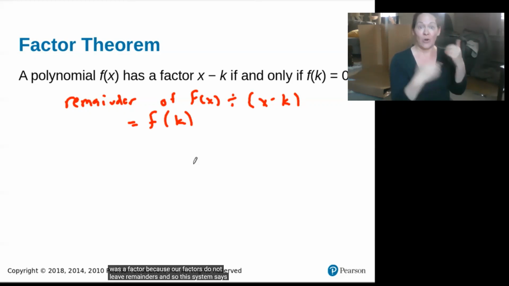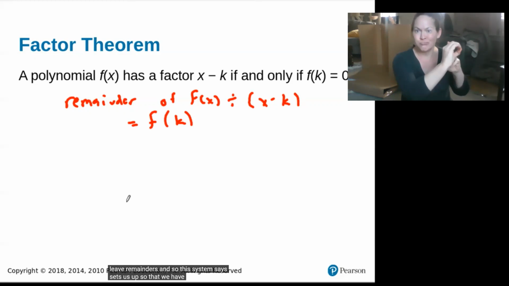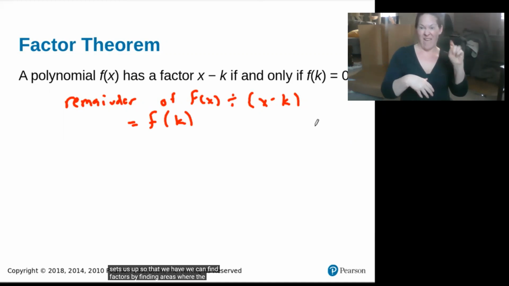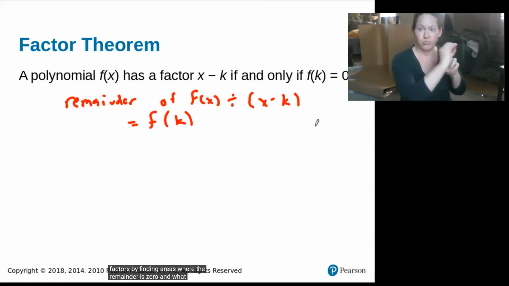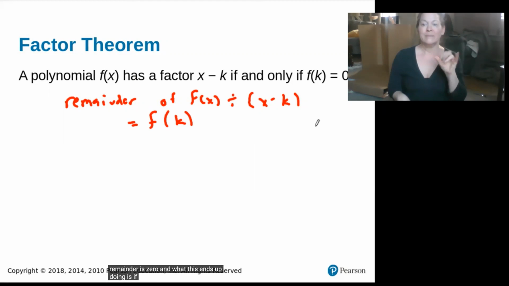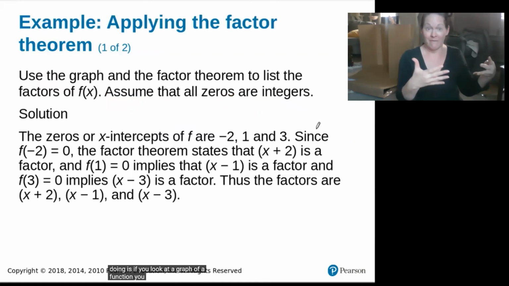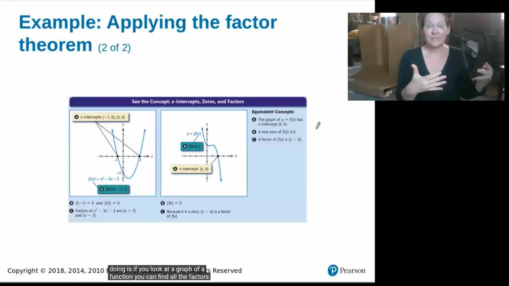And so this system sets us up so that we can find factors by finding areas where the remainder is 0. And what this ends up doing is, if you look at a graph of a function, you can find all the factors.